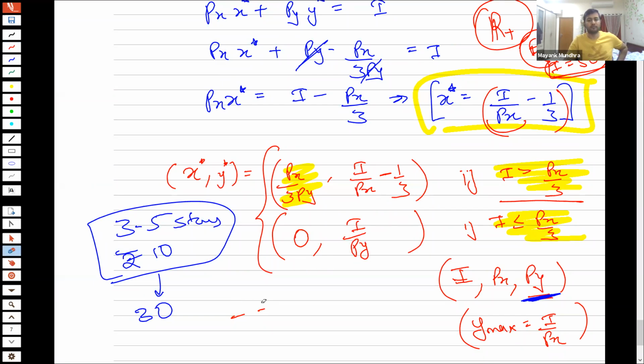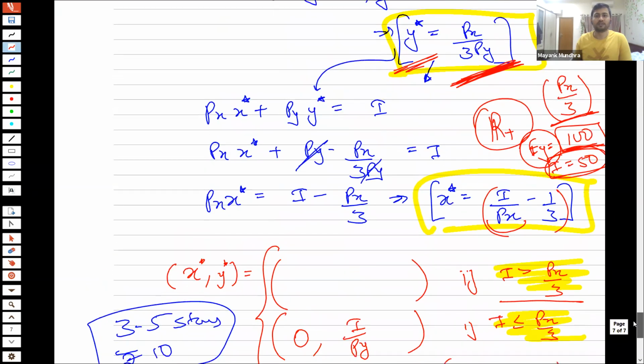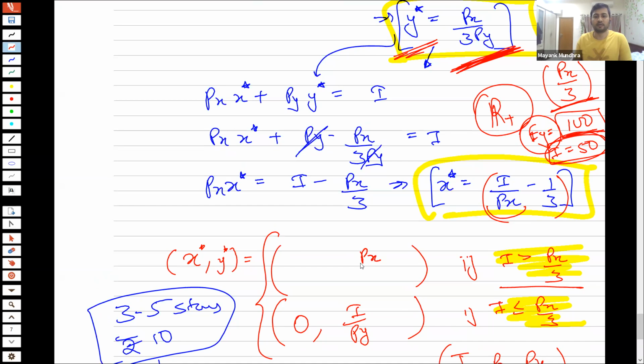I made a mistake everywhere actually. I reversed X and Y, and Px and Py. So Y star is Px by 3 Py, and X star is I by Px minus 1 by 3.